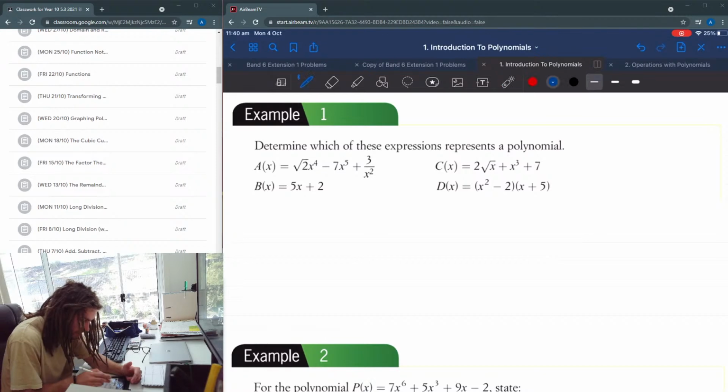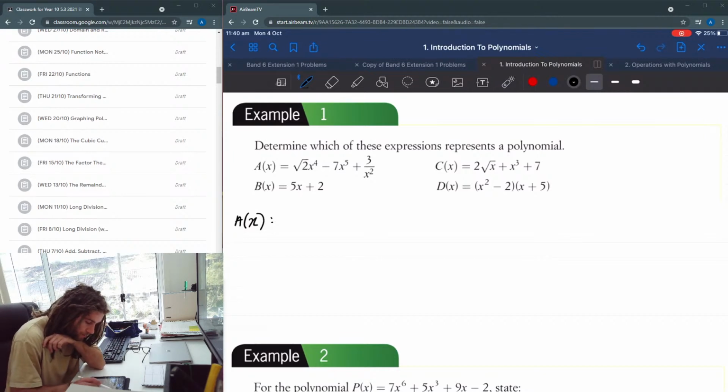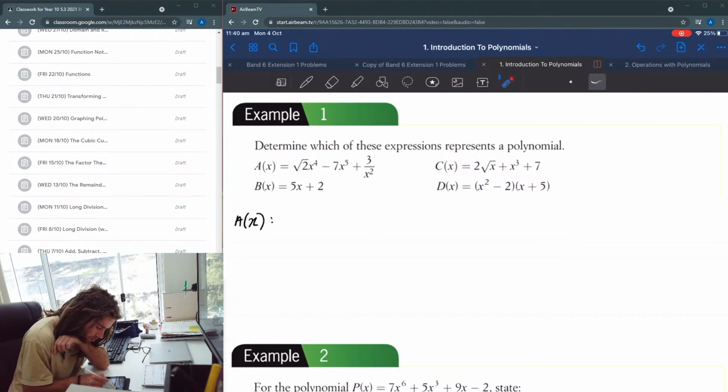So for a of x, we just want to know whether it's a polynomial. Here's the leading term because it's got a power of 5. Now it's a bit of a trick question because this x squared, you've got all these positive integer powers, but actually this is on the bottom of a fraction.